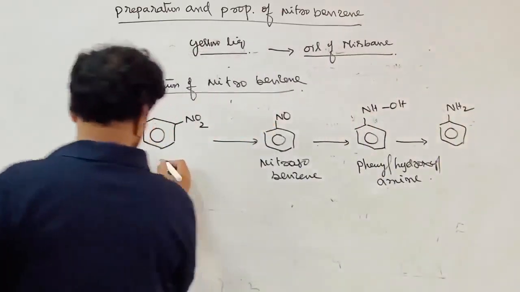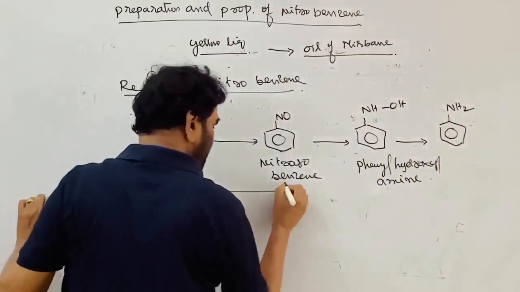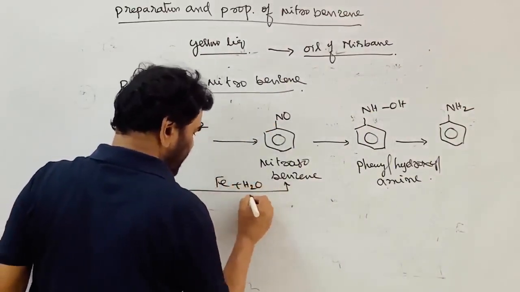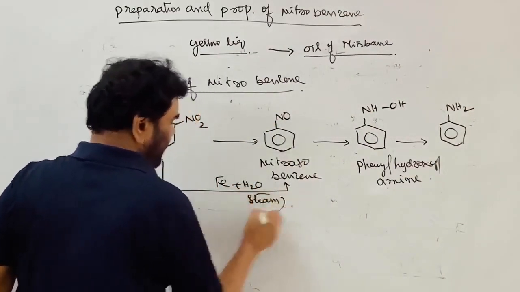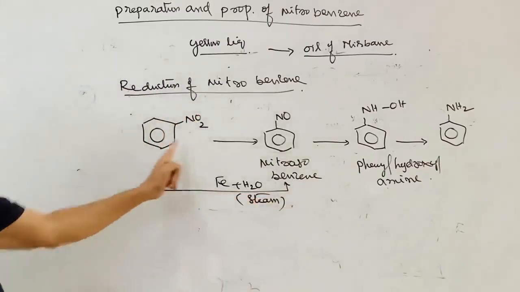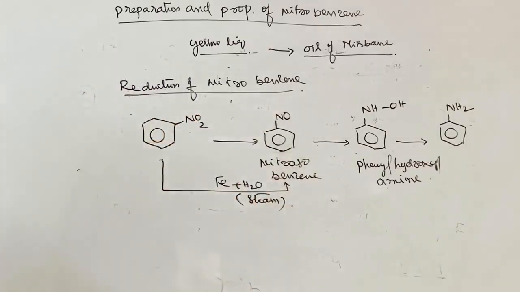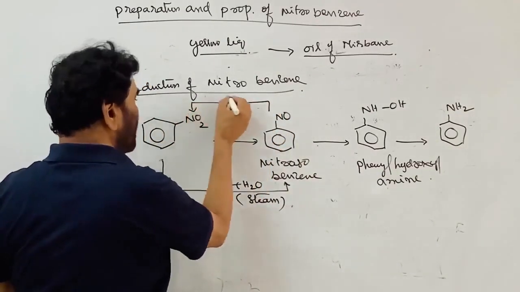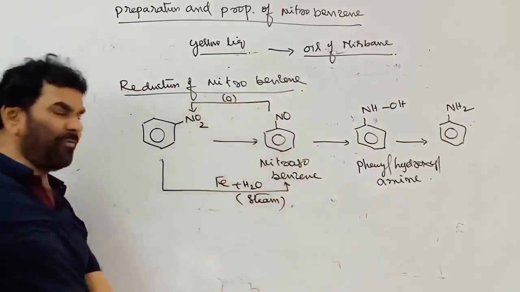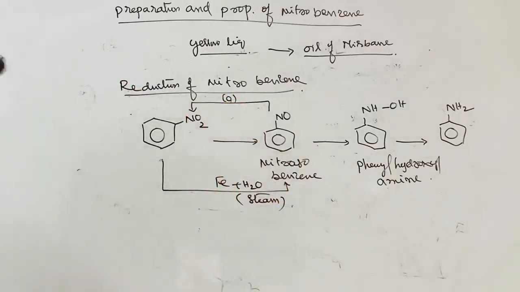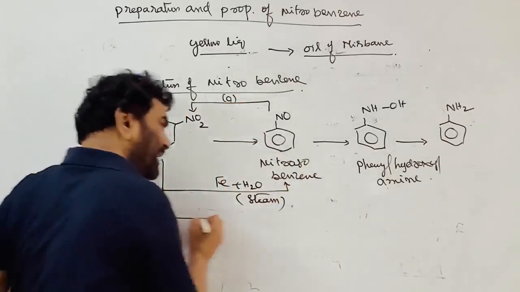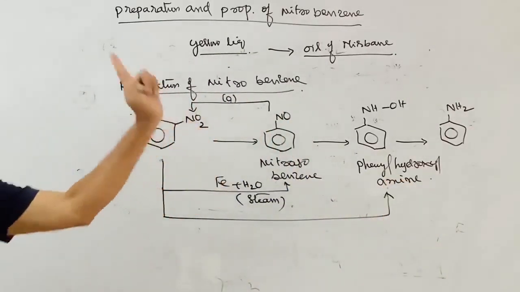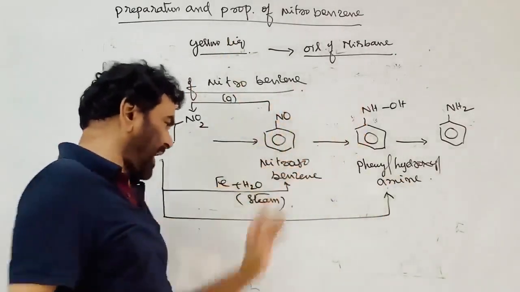So this is converted into this if it is treated with iron powder and steam: nitrobenzene is reduced to nitrosobenzene. And nitrobenzene changes into hydroxylamine. Only hydroxylamine, no further reaction.